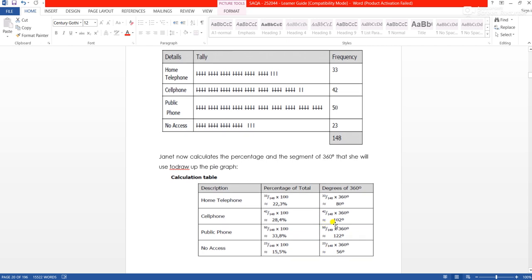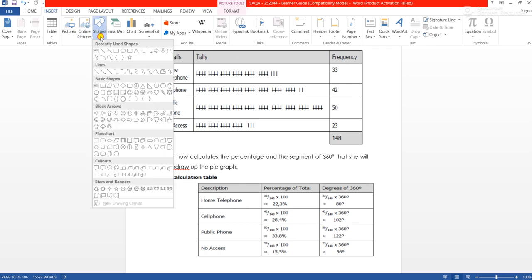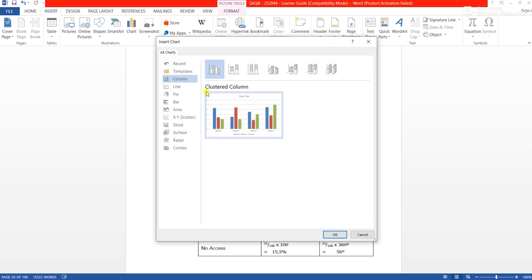Now it's much easier for us to draw a pie chart. Let's say we want to use those figures and draw a pie chart. We'll go to the features within Microsoft. Let's just go through that. Okay, shapes. I want to use a pie chart. Go to charts. Okay, perfect.